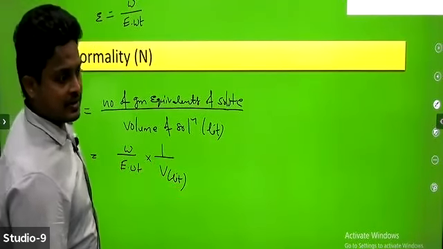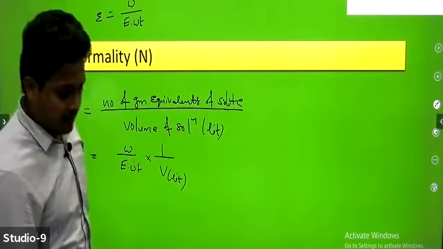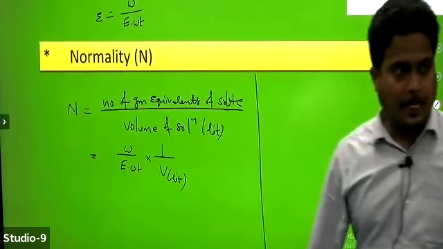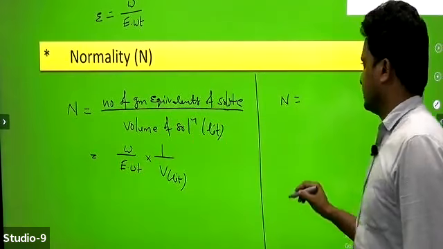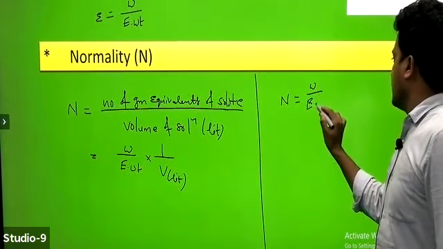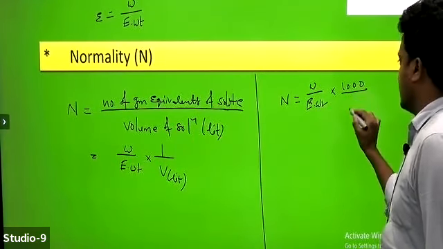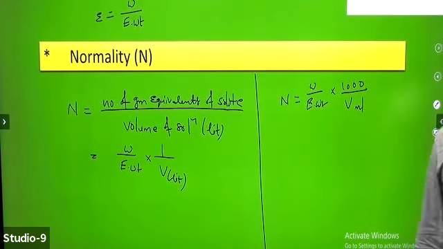If you are taking volume in milliliters, then normality is equal to weight of solute by equivalent weight of solute into 1000 by volume of the solution in milliliters.